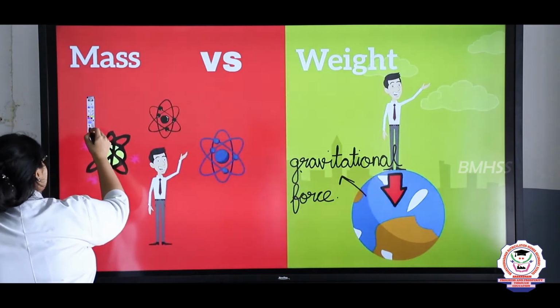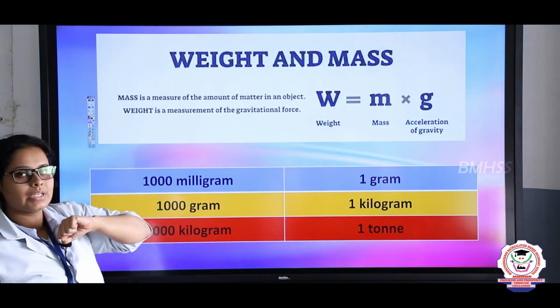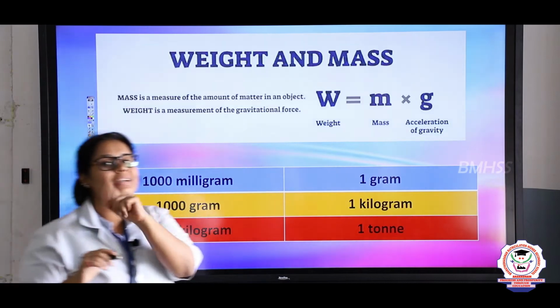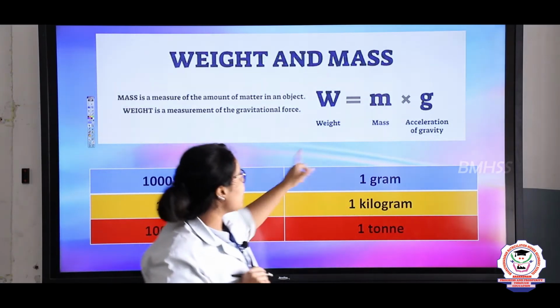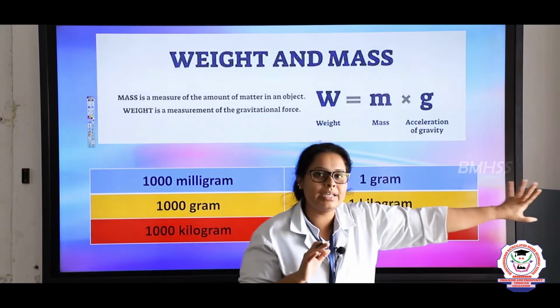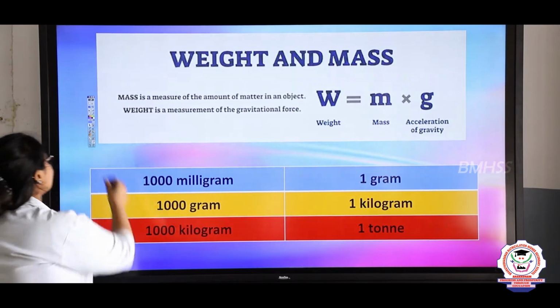Now let's go to the next topic. Here you can see how we are comparing the weight and the mass. There is only one difference between weight and mass: if you need to find the weight, then you have to calculate it with the gravity. Same way, there is a conversion in the weights.